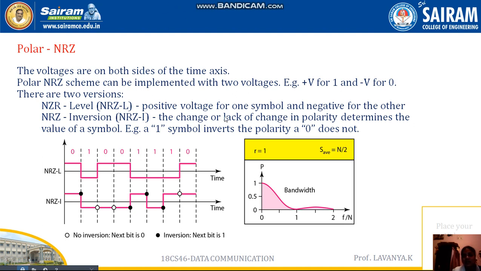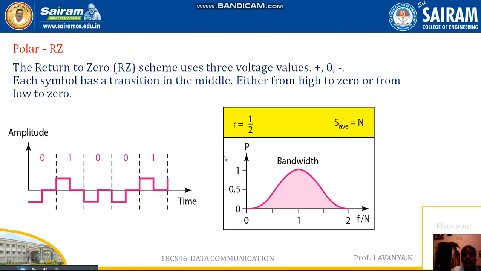The next one is, what is polar RZ? Polar RZ is nothing but the polar return to zero line encoding scheme. Basically it contains three voltage values: positive voltage, negative voltage, as well as zero voltage.